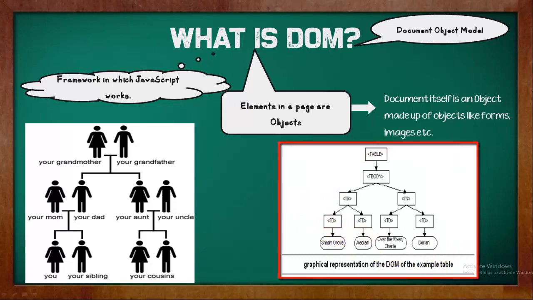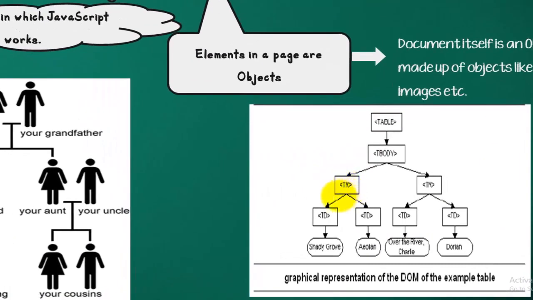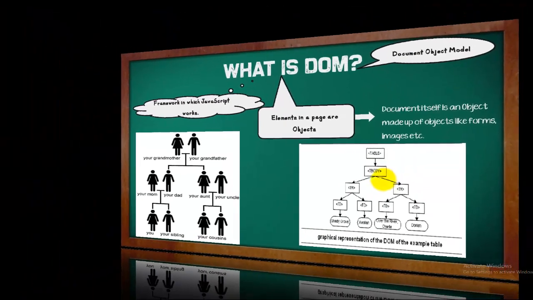It sees in this particular hierarchical tree structure. That is the reason it treats each and everything as an object. Here TR is an object, TD is an object, and the text, whatever you have written here, that is an object. The table tag, body, everything is an object here. It doesn't mean that only one particular thing is an object. Whatever you type is considered as an object in DOM. I hope you understood that.